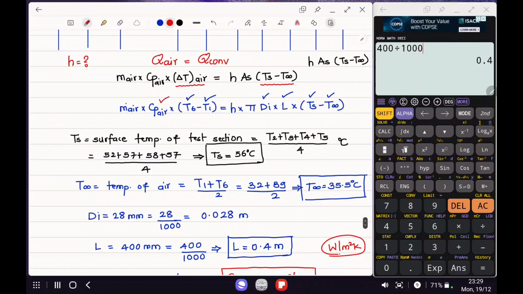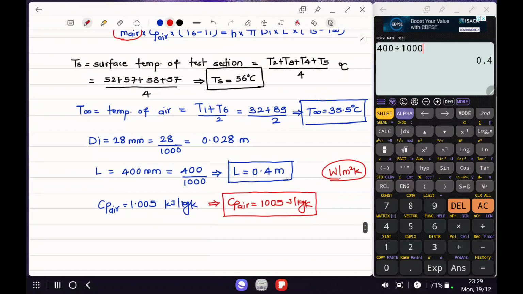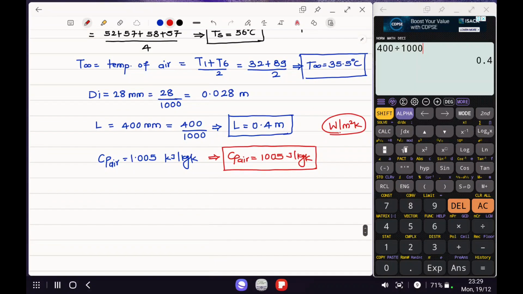Yes, now the question will come that only one parameter is remaining to be calculated. It is mass of air. Now how do we calculate this mass of air? And this is the part where efforts are required from the students. So we will use our basic fluid mechanics. Mass of air will be simply equal to density of air multiplied by volumetric flow rate of air.